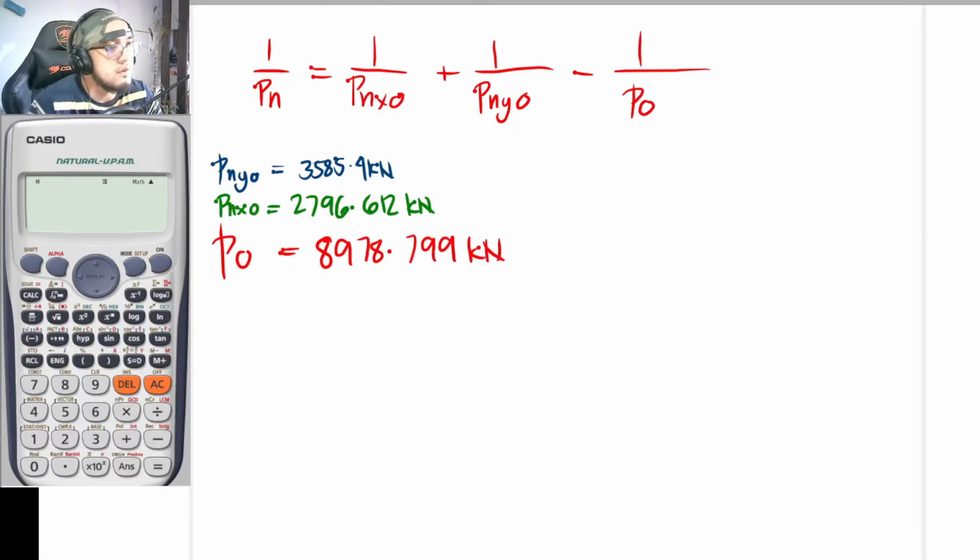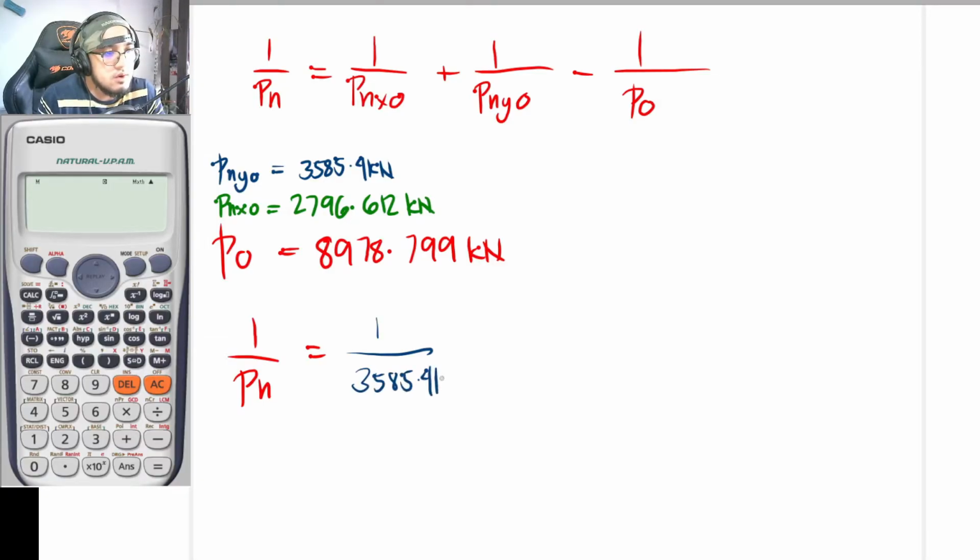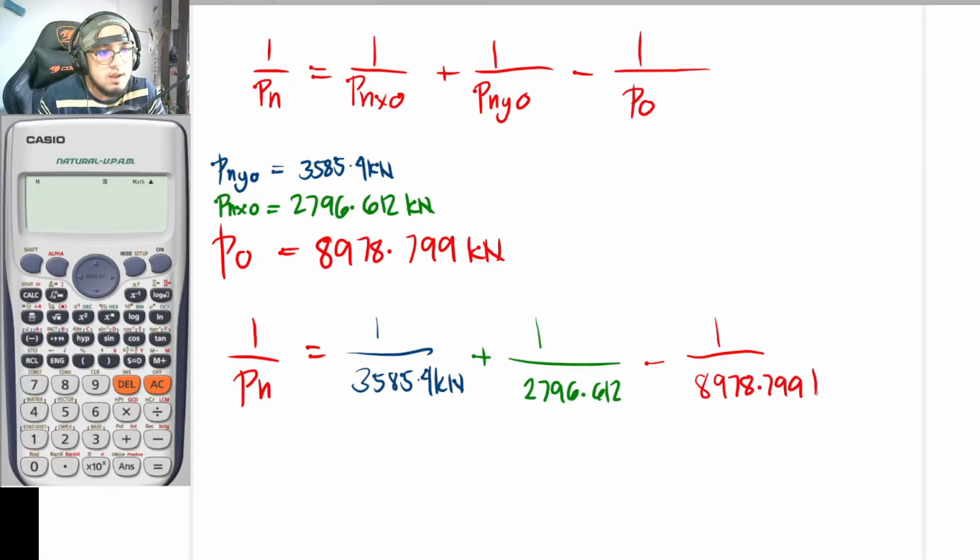So now that we already know all of the values here, substitute na natin. So with that, for our value for 1 over Pn, this is now to be equal to 1 divided by Pnxo, 1 divided by 3585.4 kilonewtons plus 1 over 2796.612 kilonewtons minus 1 divided by 8978.799 kilonewtons.